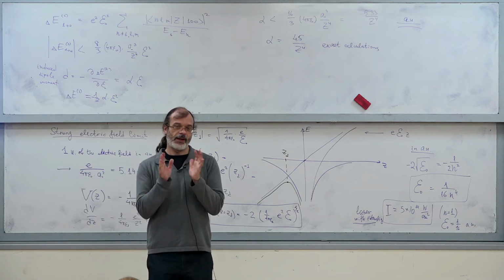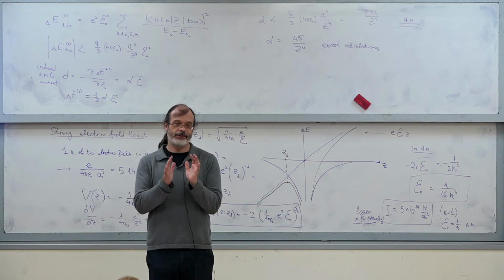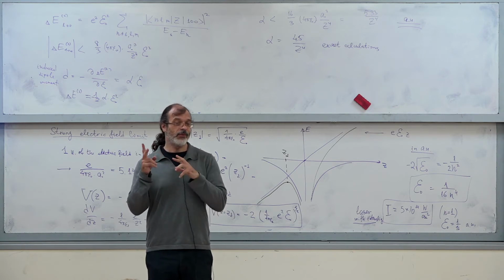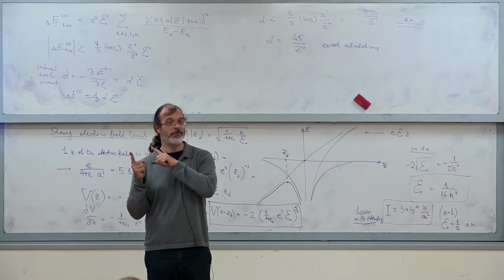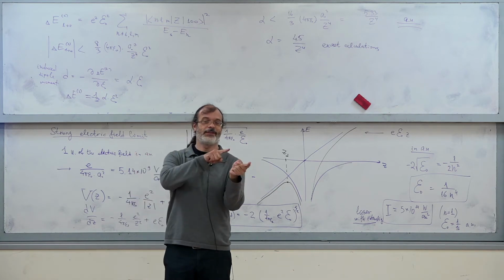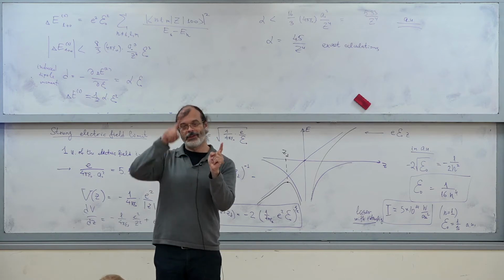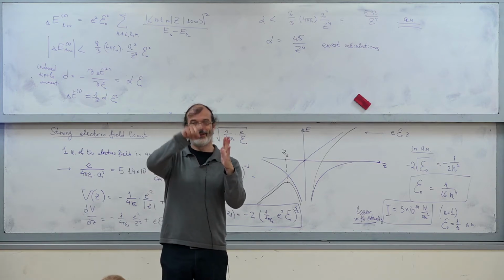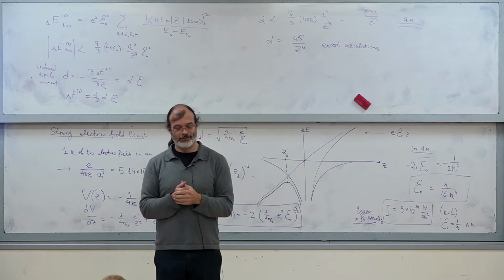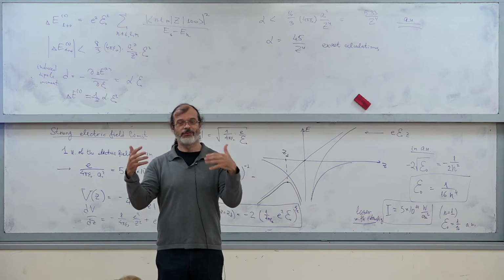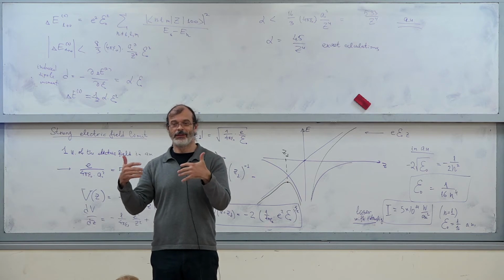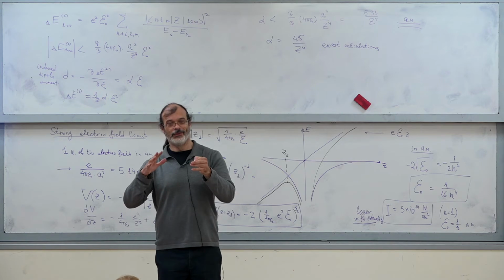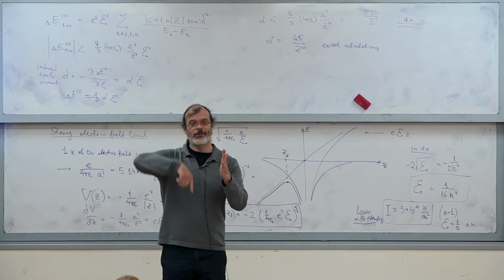If you start to think about the femtosecond, you will realize that it relates to the oscillation frequencies of the field, right? The visible wavelengths oscillate at about 10 to the 14, 10 to the 15 per second.